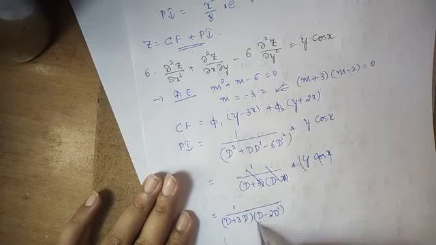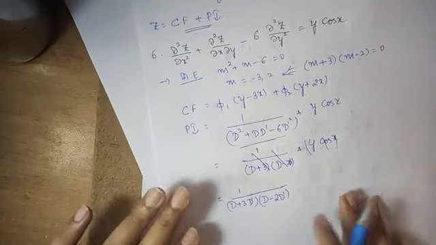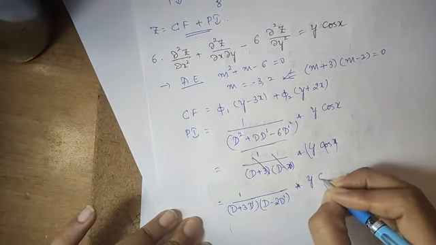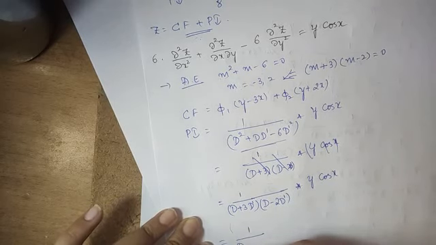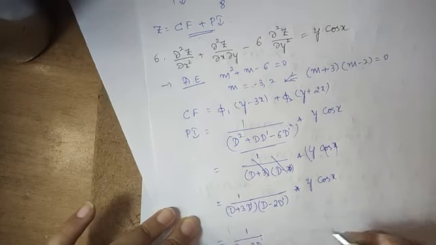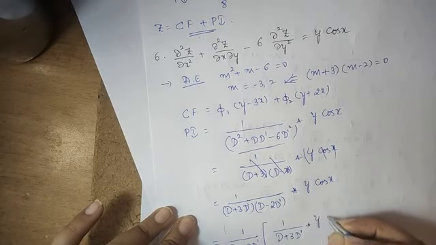So if you multiply this, you will get the same equation into y cos x. So what I will do is, I will write 1 over D minus 2D dash as it is, and I will write this as D plus 3D dash into y cos x.